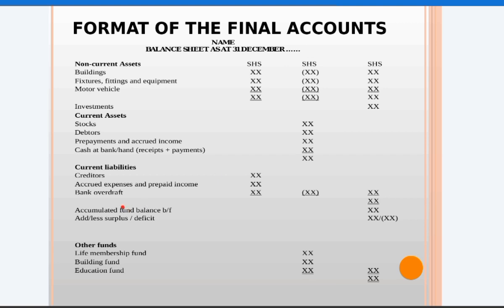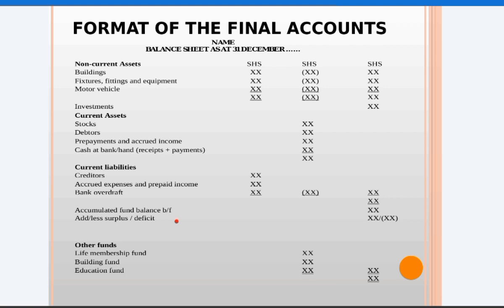Then you will have what we call net assets. So the net assets are financed by, now this is where we get the difference. The net assets of the non-profit entity are financed by, now instead of capital, we have the accumulated fund.